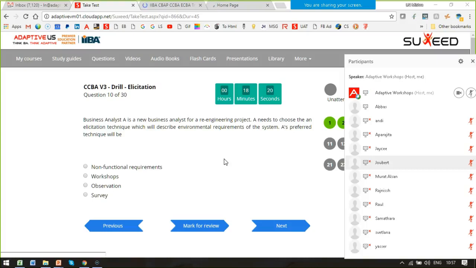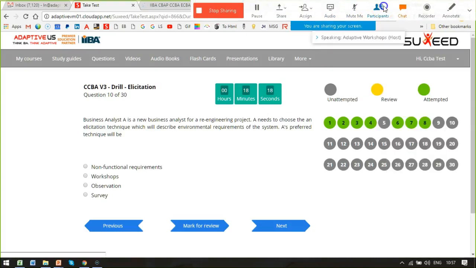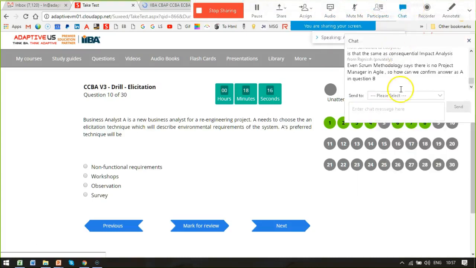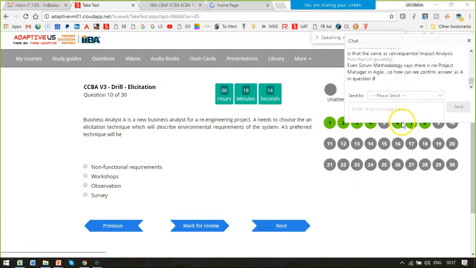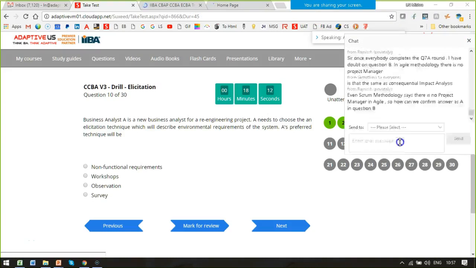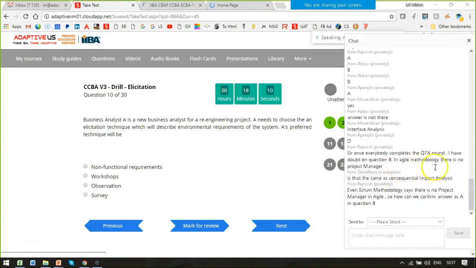Okay, very good. So there were some questions by Rajnish, and his point is that there is no role called project manager in Agile. Okay, that's accepted. Waterfall, Babak is still a bit waterfall.